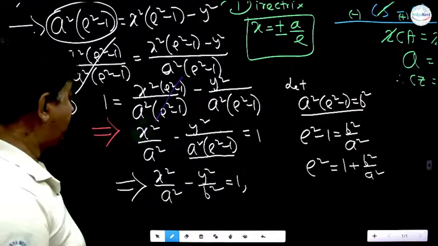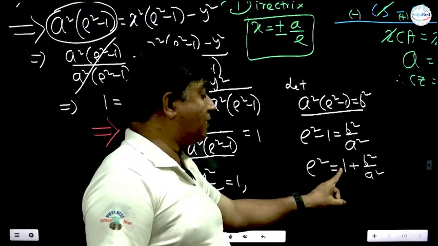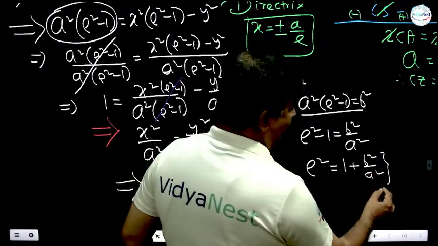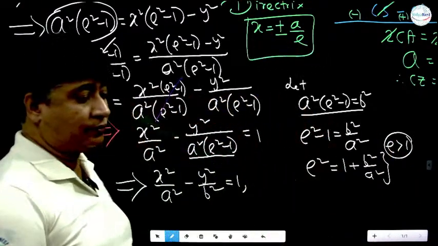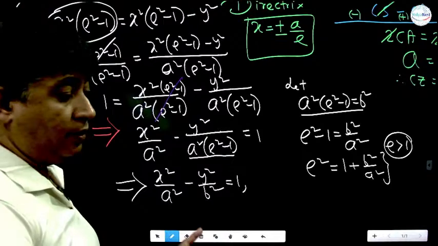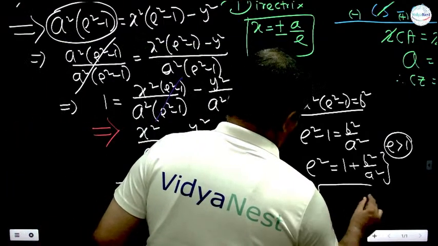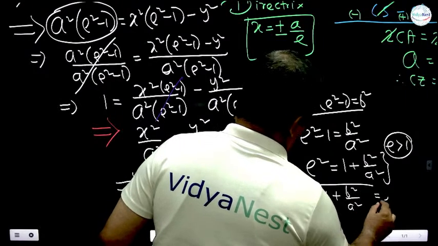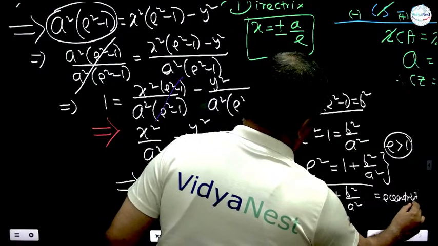Now, here to be what to be noticed? That e square is 1 plus something. So here it is clearly depicted e is somehow greater than 1. Yes or no? Yes, sir. 1 से ज़्यादा. So e होगा root 1 plus b square by a square, that is eccentricity.